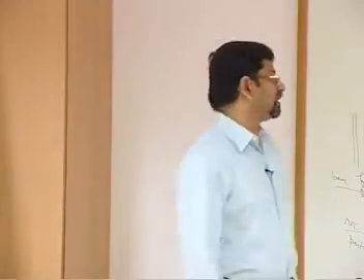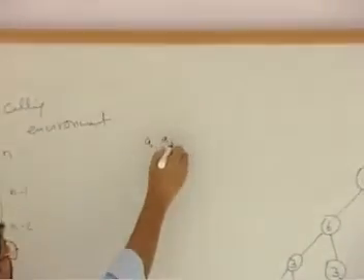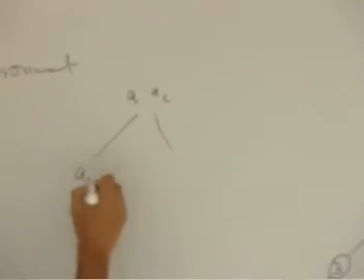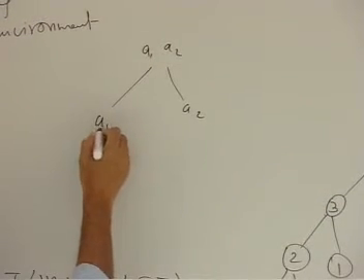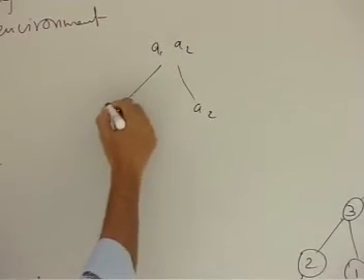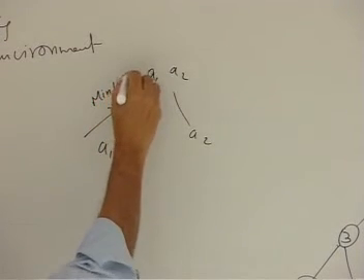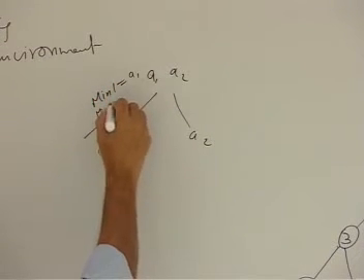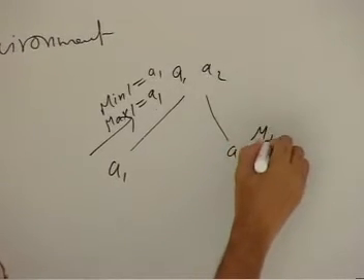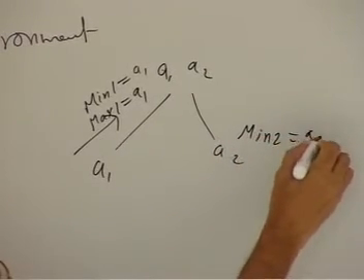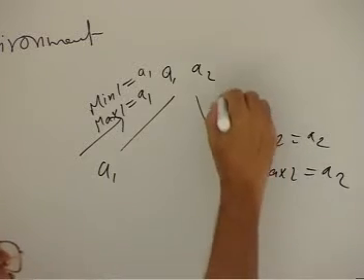So let us say you have A1, A2. This will be split into A1 and A2 here. And how do you find the minimum and maximum of A1 and A2? Simply return min 1 equal to A1, max 1 equal to A1. Here min 2 equal to A2, max 2 equal to A2.